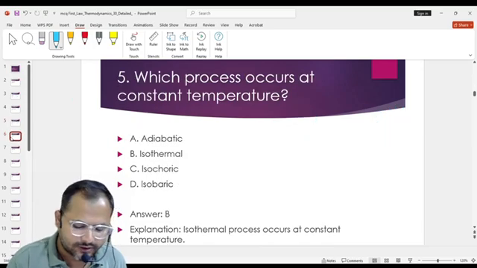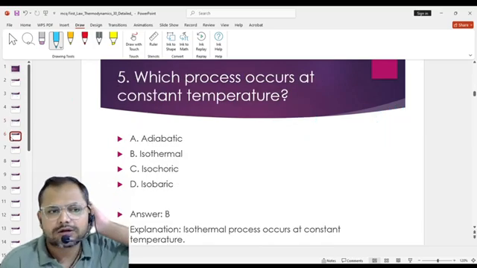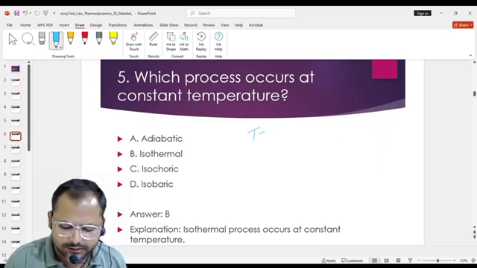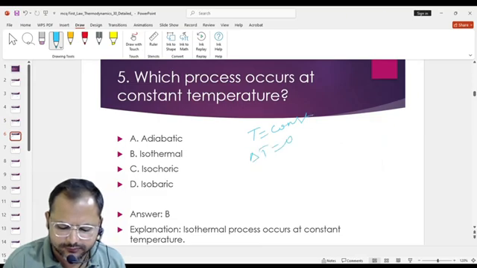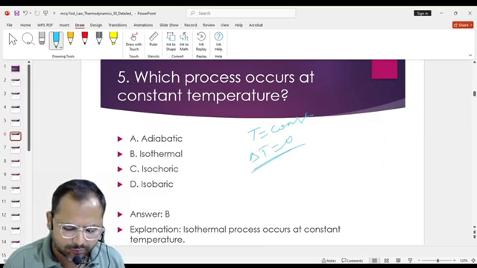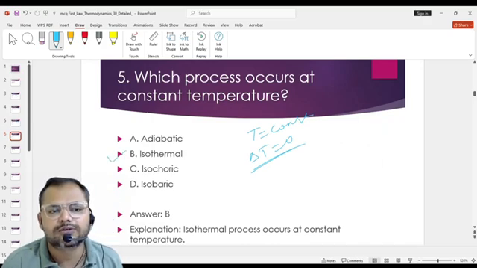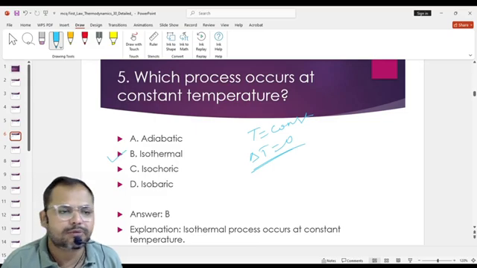Next question. Which process occurs at constant temperature? If temperature is constant, that is change in temperature equal to zero. So that process is known as isothermal process. In that temperature is constant at both states and change in temperature will be zero.